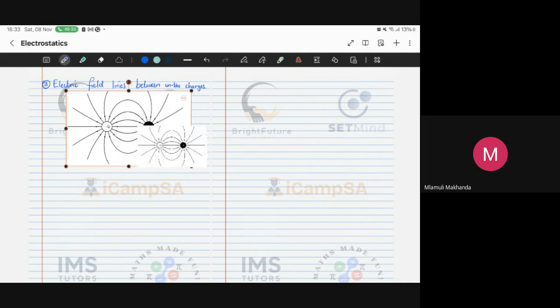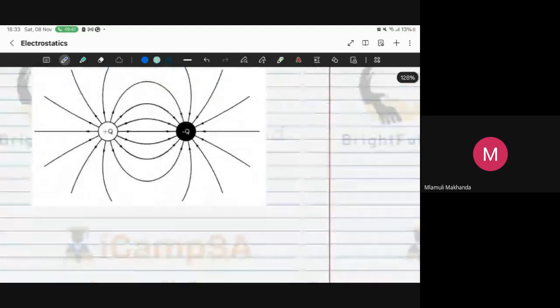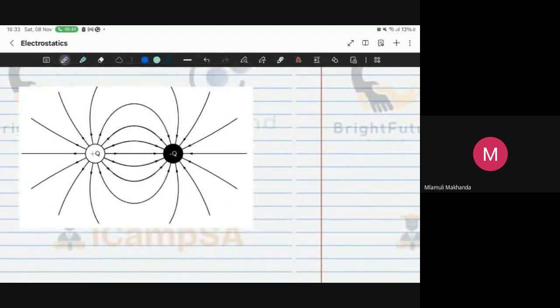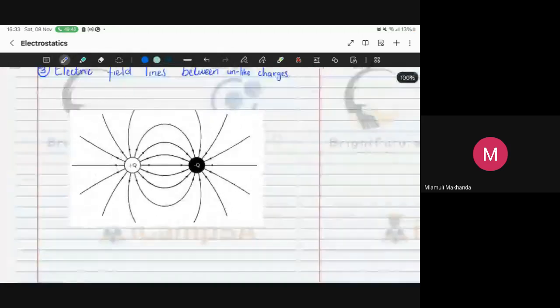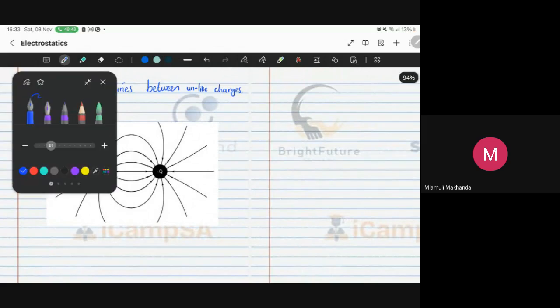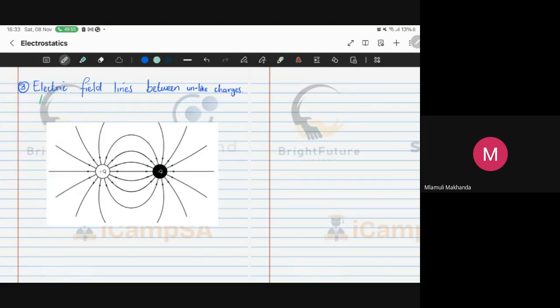So as you can see, this is what you would call attraction. Because for unlike charges, we experience attraction and not repulsion like in the like charges.